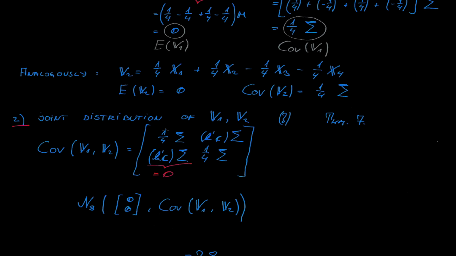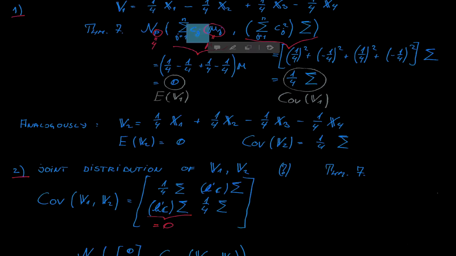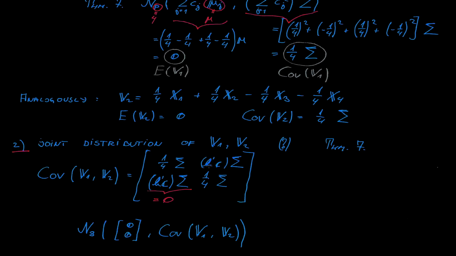But the covariance matrix we need to compute, because on the diagonal we already have the covariance of v1 and the covariance of v2. However, we need to compute B transpose C. Here we will denote this B1, B2, B3, B4, because we used C1, C2 here. When we multiply B transpose and C, we actually get that it is 0.